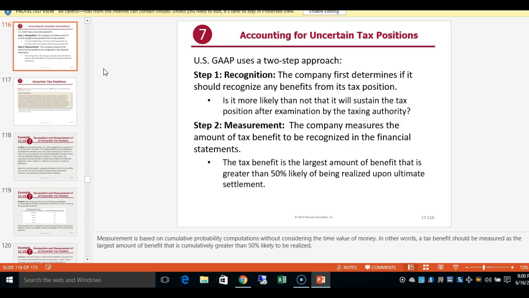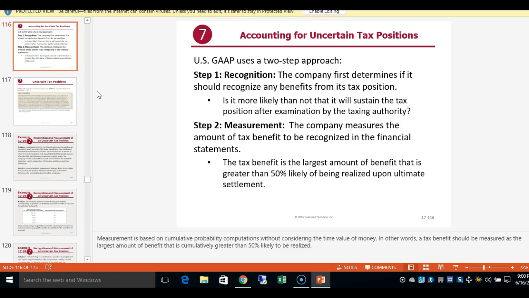The next problem tests your knowledge of accounting for uncertain tax positions. It's a little tricky, but let's review our PowerPoint real quick to learn the theory.